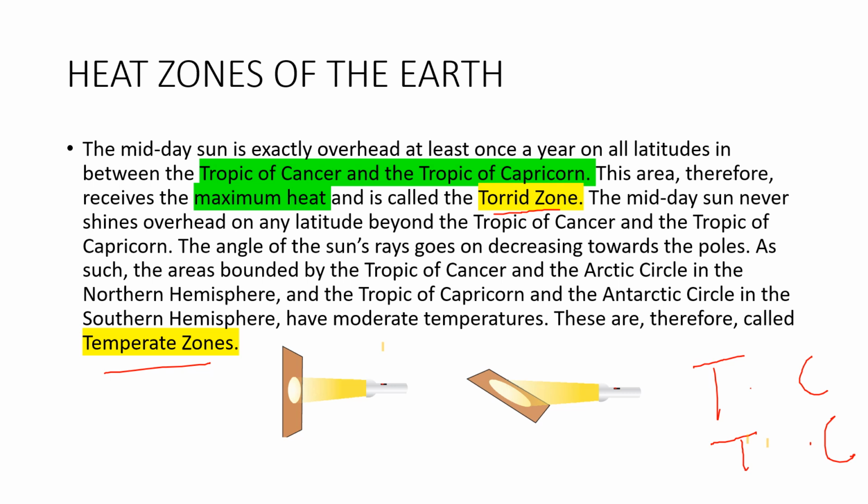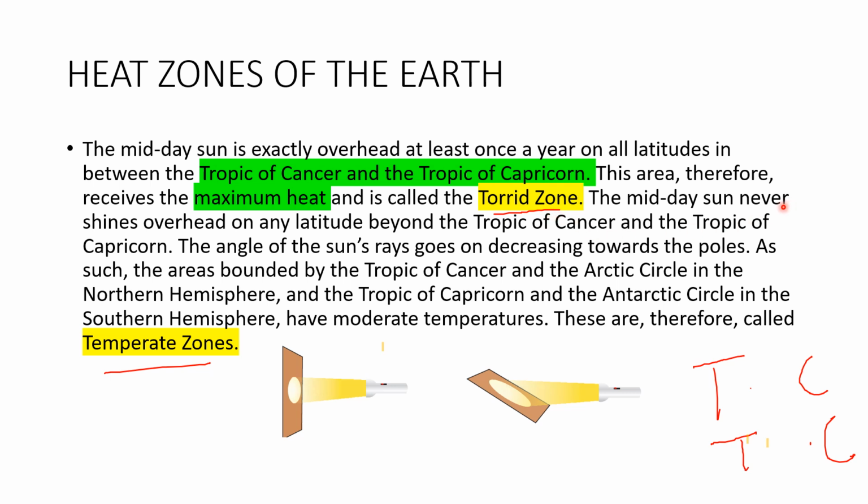The sun is exactly overhead at least once a year in all latitudes between the Tropic of Cancer and Tropic of Capricorn. So this area therefore receives the maximum heat and is known as the torrid zone.